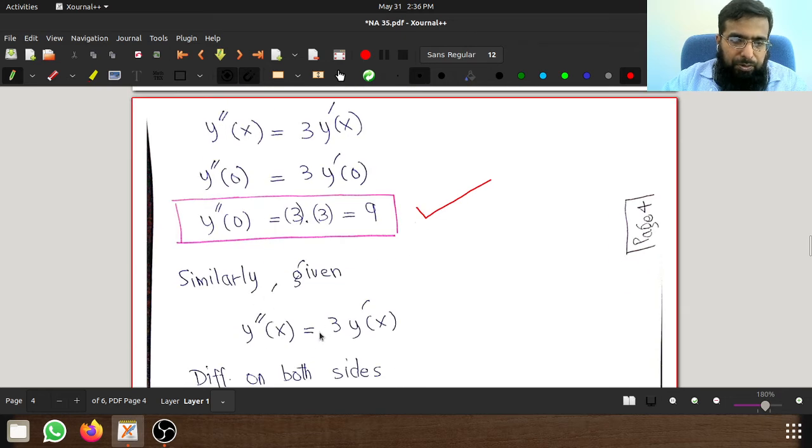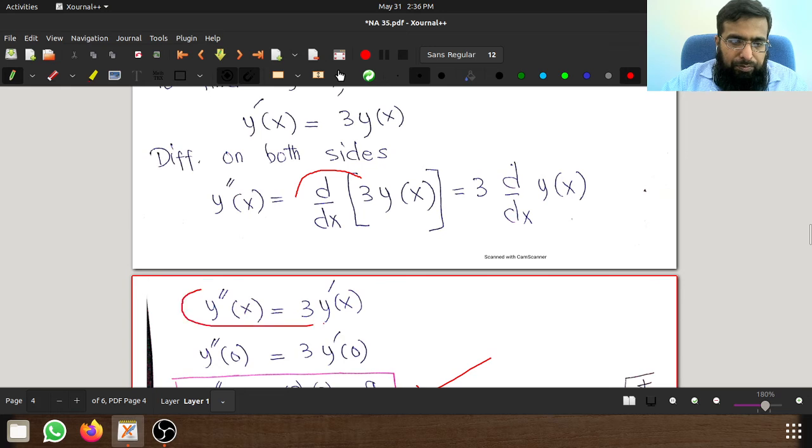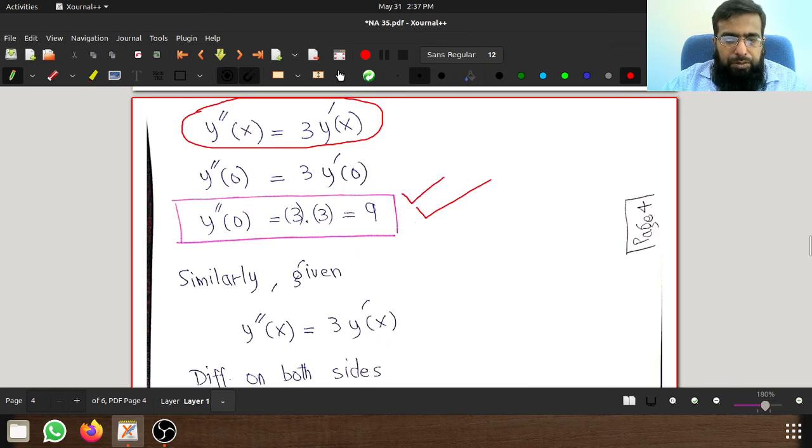So we keep on going. Y double prime of x is 3y prime of x, this one. We differentiate on both sides, and y triple prime of x is 3y double prime of x. Putting x equal to 0, y triple prime of 0 is 3 times y double prime of 0, which is 9.